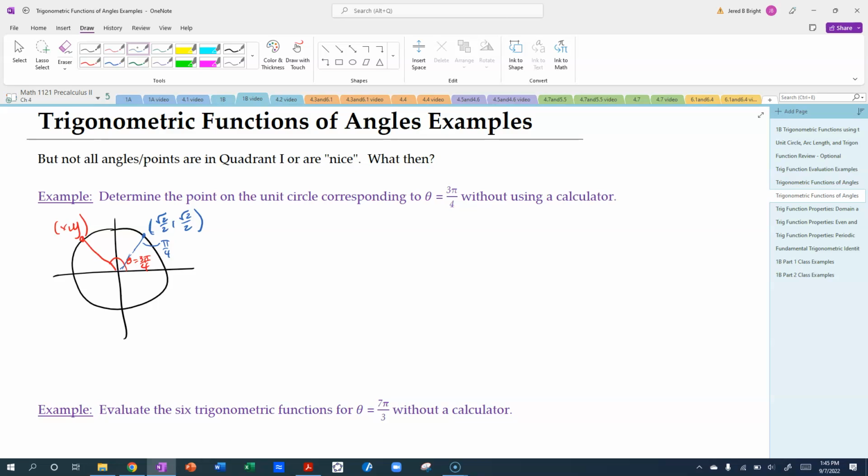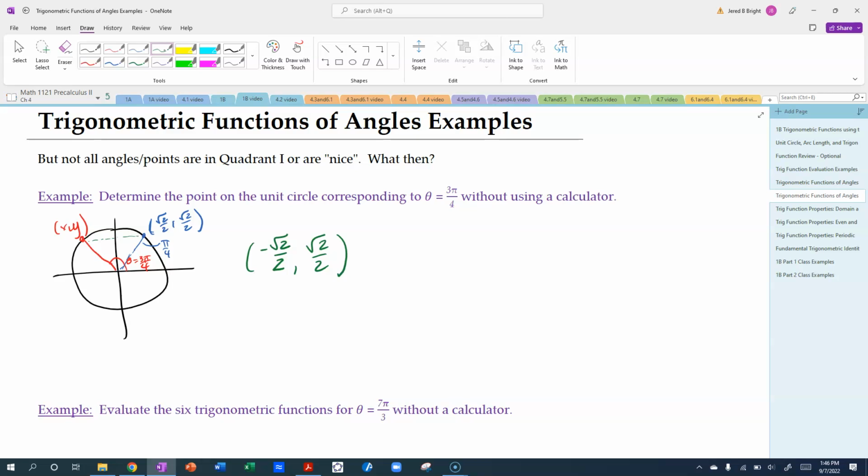Now all we're doing for 3 pi over 4 is reflecting it across the y-axis, right? So vertically, we're not moving at all. It's just horizontally we're changing. So if we do that, the point would retain whatever y value it had, so square root of 2 over 2, and the x value would change to its opposite sign due to the reflection.